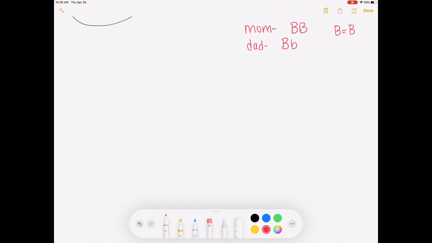Big B is dominant for brown eyes, and little b is recessive for blue eyes. Now I want to predict what color eyes children could have if the parents had this. A lot of times you'll see it said, make a cross or make a Punnett Square, and you'll see it written like this because you're taking this parent and crossing it with this parent.